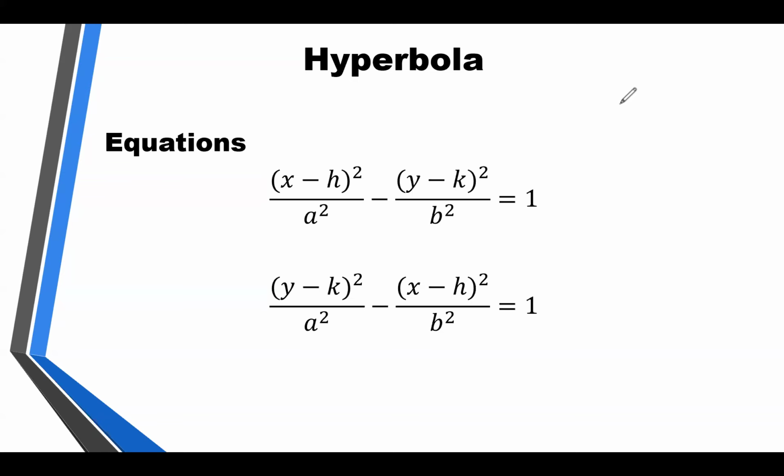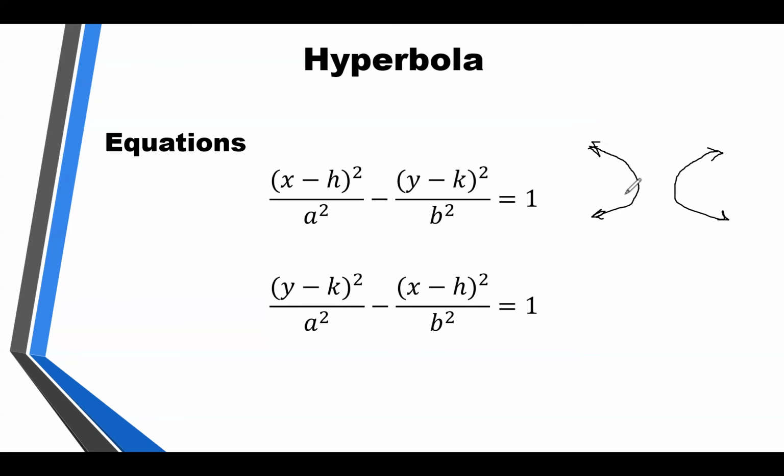I could have the hyperbola point up and down, or I can have the hyperbola point left and right. It turns out in this first equation, the hyperbola points left and right.